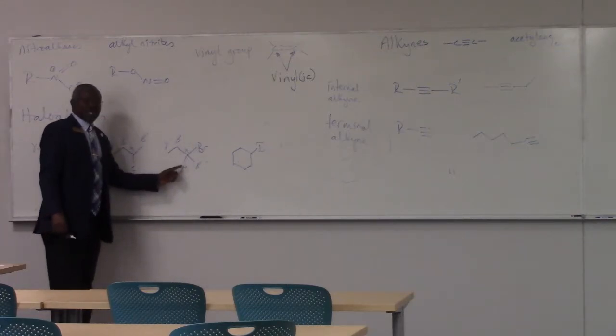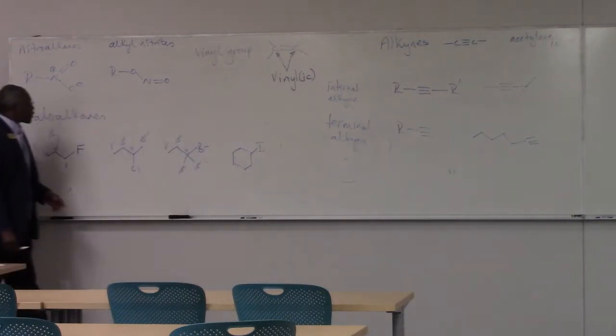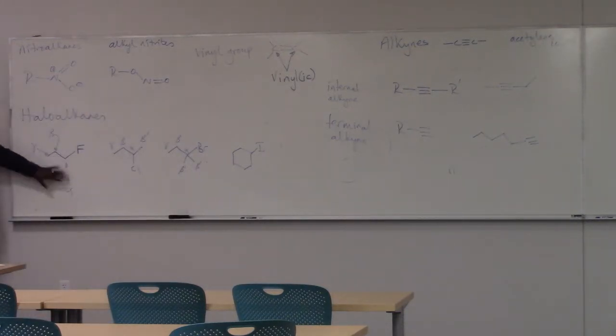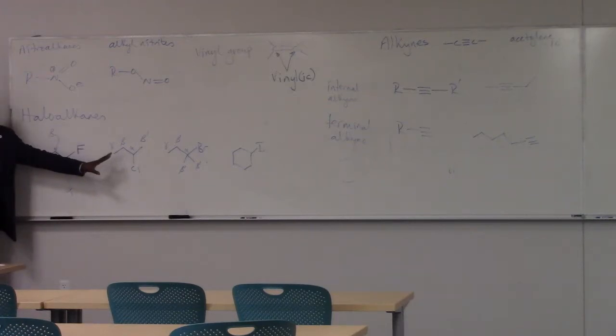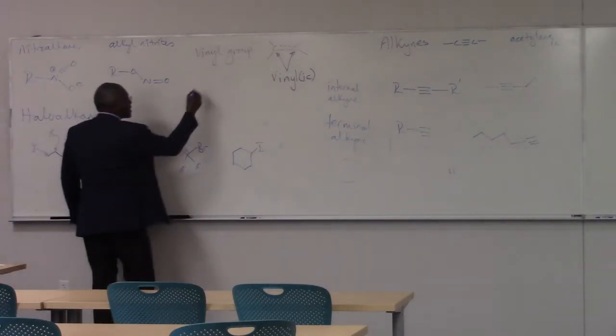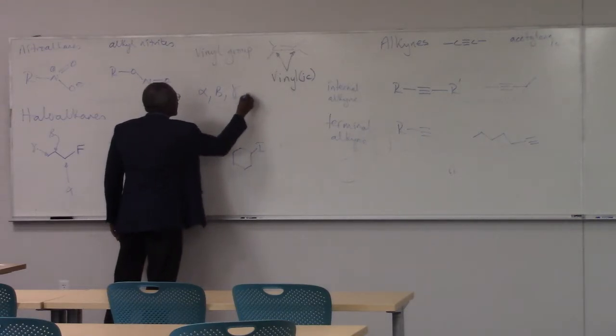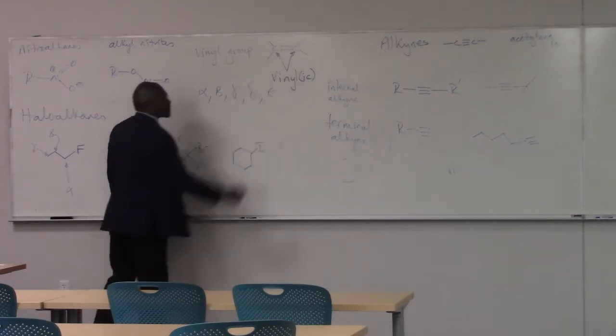But it turns out these are actually equivalent, so I'm just going to call these the beta prime carbons, right? So I have the carbon attached to the heteroatom, when it's singly bonded, it's called the alpha carbon. And then you go alpha, beta, gamma, delta, epsilon, and so on. For organic, you really want the sequence alpha, beta, gamma, delta, epsilon. That's about as far as you will tend to go.